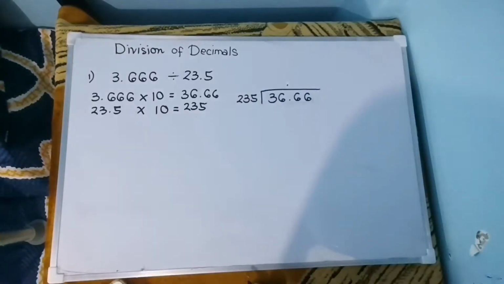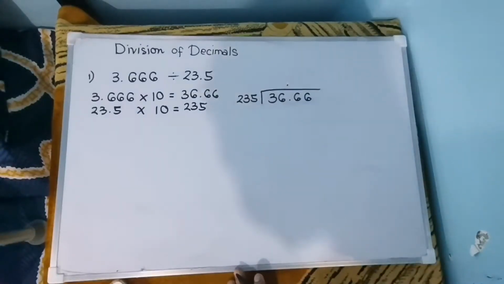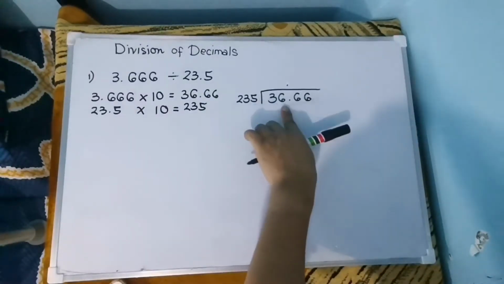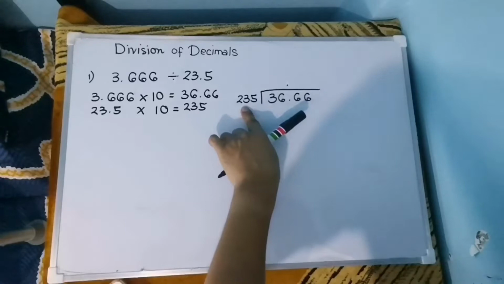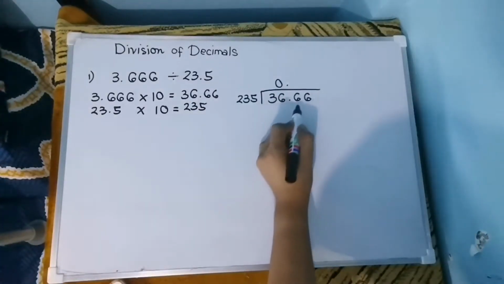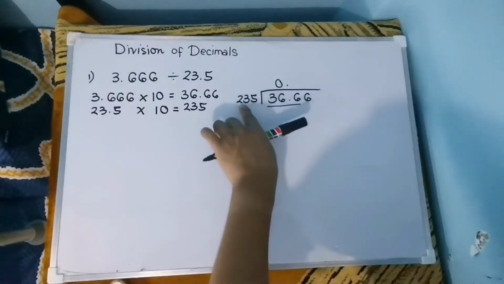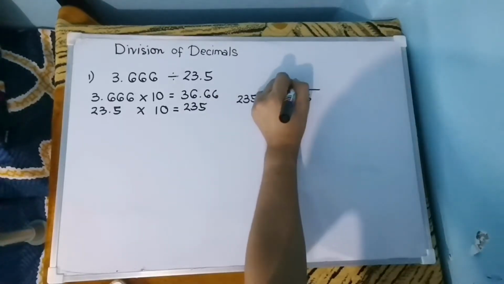Ilalagay daw natin yung decimal point directly above the dividend. So, we have 36 divided by 235 is 0. Ngayon naman, 366 yung ating kukuhanin. So, 366 divided by 235 is 1.